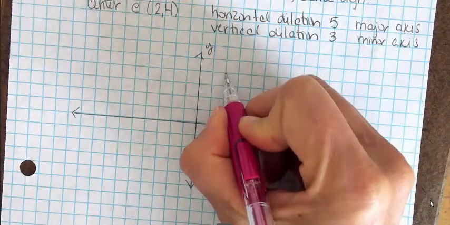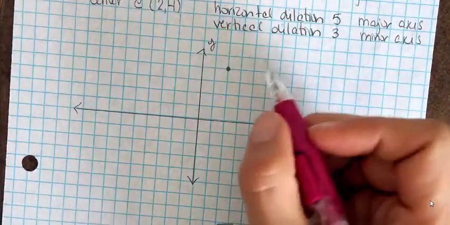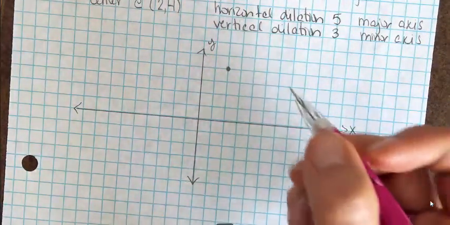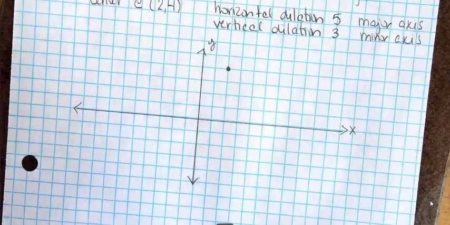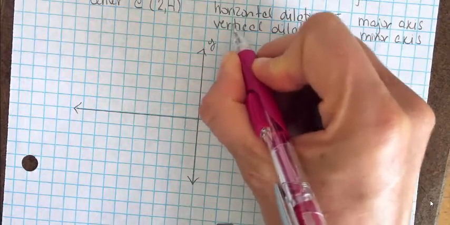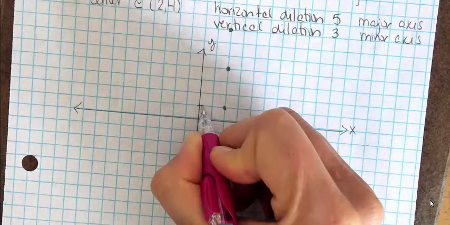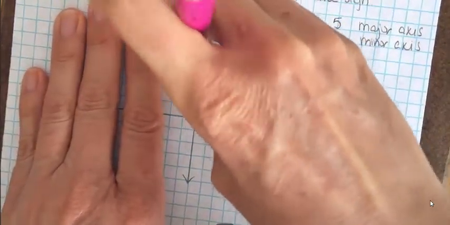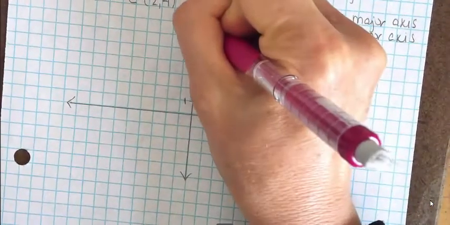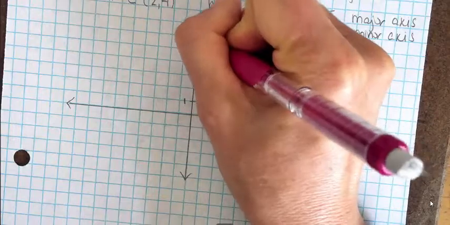Oh, and from there, I'm going to have to do a vertical dilation of 3. That's okay. I think I can make this fit. It's just not going to be the prettiest thing ever, but that's okay. All right, so here's my center. And then I'm going to have a vertical dilation of 3. So I'm going to go up 1, 2, 3, and down 1, 2, 3. Putting my lowest point at 1 and my highest point at, I think this is 4, 5, 6, 7.